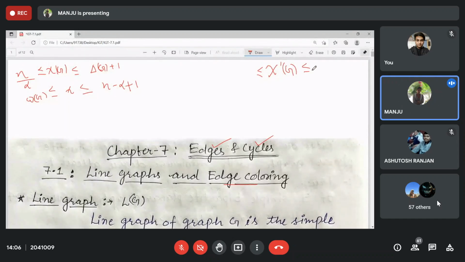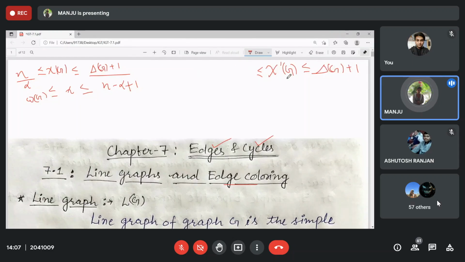And here we will be proving this one again: capital delta, the maximum degree, plus 1 is greater than or equal to chi dash of G, which is greater than or equal to, here it was the number of vertices in vertex coloring, right? N was the number of vertices, alpha is the maximum number of independent vertices.